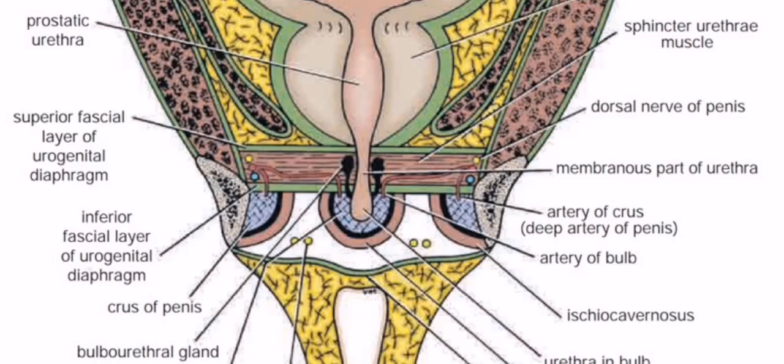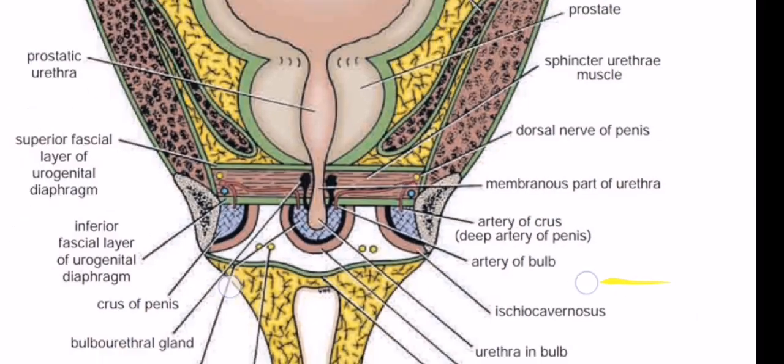Their ducts pierce the perineal membrane, which is the inferior fascial layer of the urogenital diaphragm, and enter the penile portion of the urethra. The secretions are poured into the urethra as a result of erotic stimulation. All of this is about the male urethra.